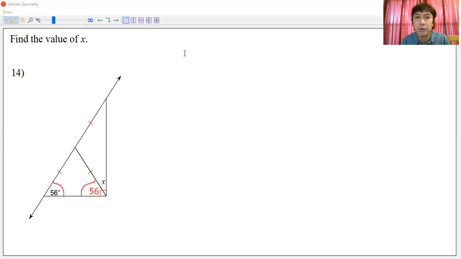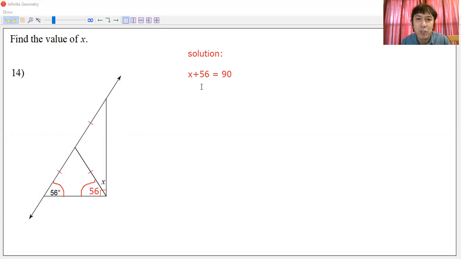So our working equation for our solution must be x added to 56 must be equal to 90. Here's our working equation, and we can have a simple solution without considering the other parts of the diagram, like that.